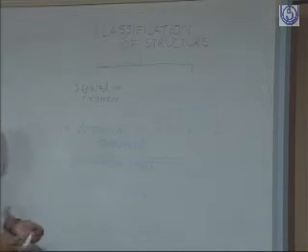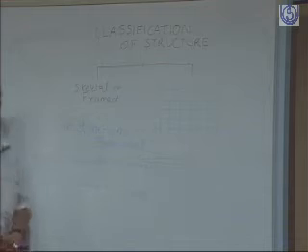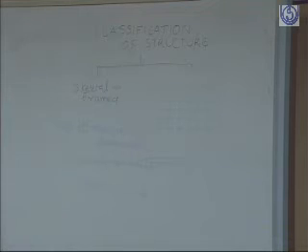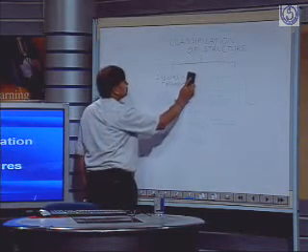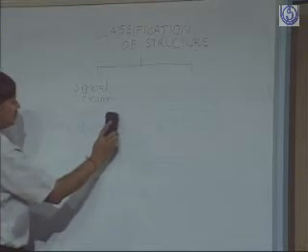Again, the joints, as I said, may be of different types, prominently of two types. So accordingly we classify it.